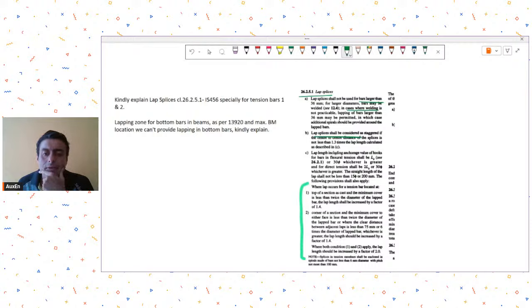Lap length, including anchorage value of hooks for bars in flexural tension, shall be Ld or 30 times bar dia, whichever is greater, and for direct tension shall be 2 Ld or 30 dia, whichever is greater. The straight length of the lap splice shall not be less than 15 times bar dia or 200 mm.